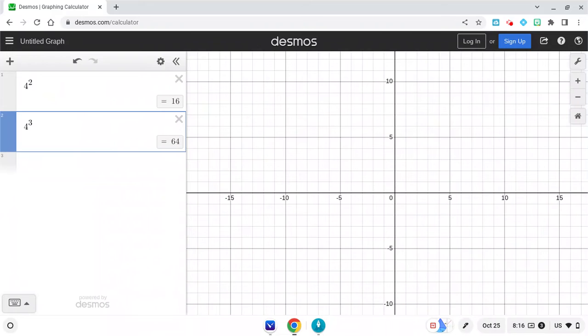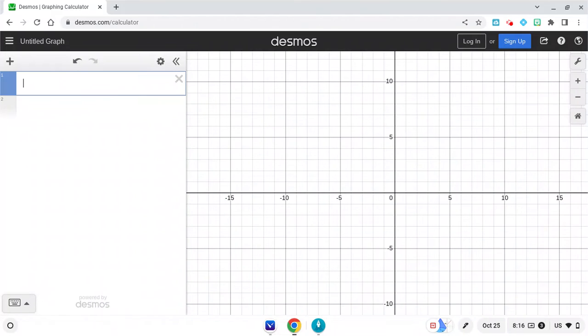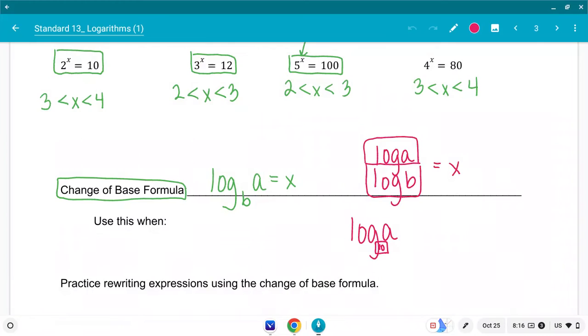What we can't do is type in, if I wanted to type this into my calculator, I could not do it because I can't get that little subscript there.